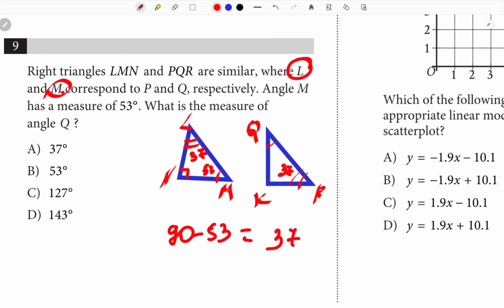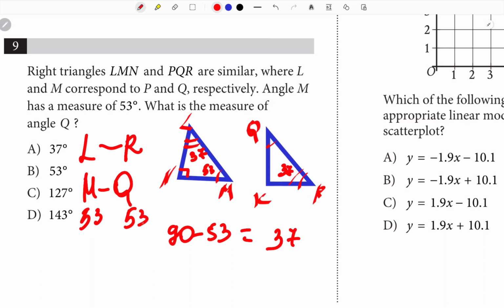L and M correspond to P and Q. L is 37, M is 53, Q also 53. And what's the measure of Q? 53. If it asked us for L or P, R, I must write 37.